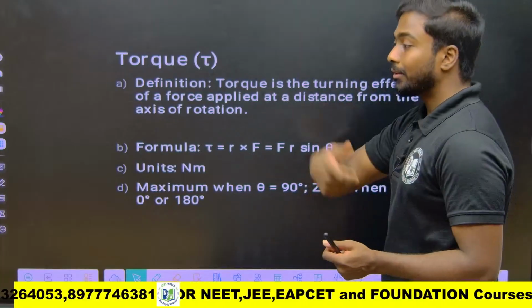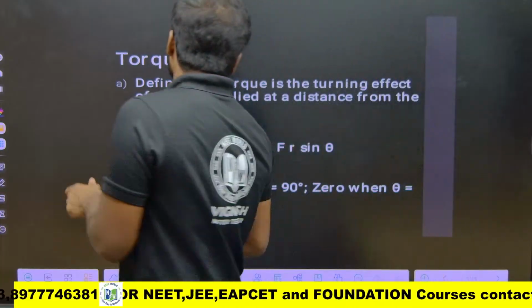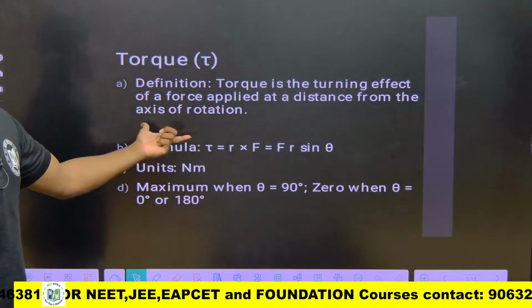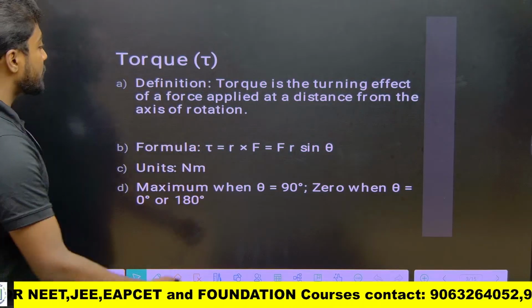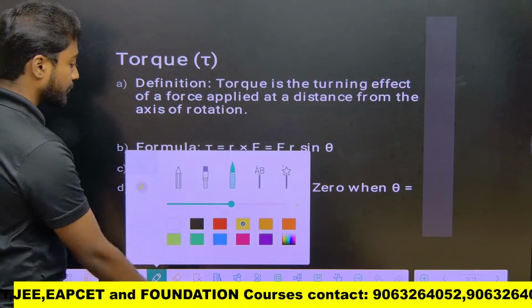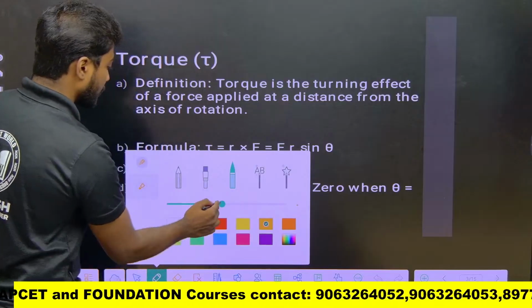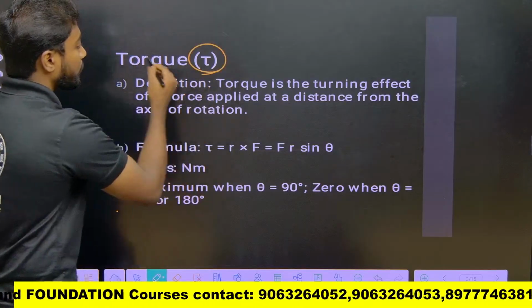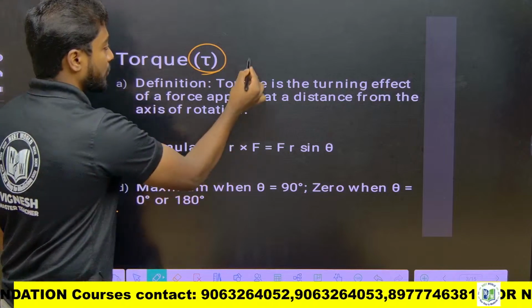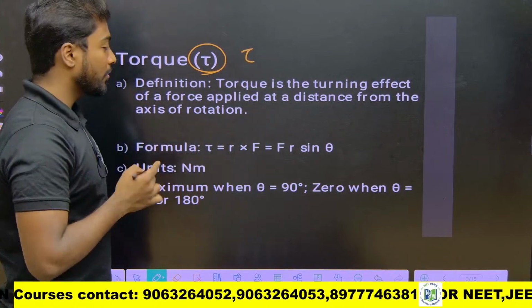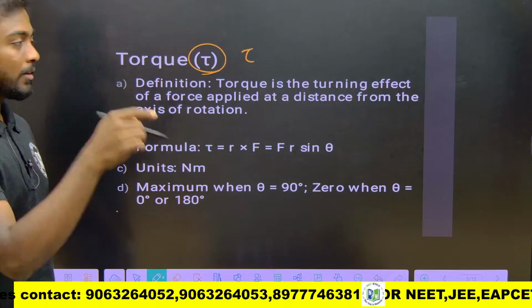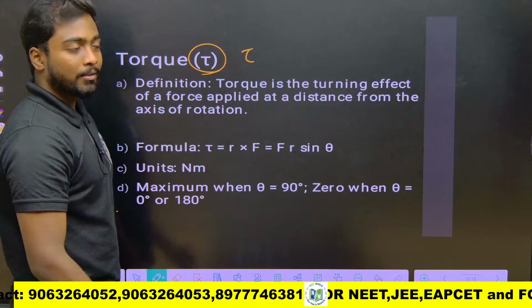Turning effect we'll say, from the distance from the axis of rotation, which is denoted by the letter tau. We'll say it tau, simply like this. The T will be there, the down part I should bend it, that is tau.